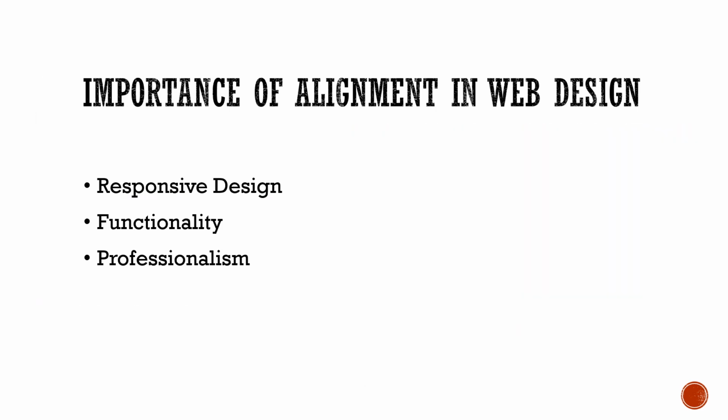Now, the right alignment in your web design can be crucial for several different reasons. One is that the alignment of the elements within your website can be part of a responsive design. This is because when the website is loaded from a device with a smaller screen size, such as a smartphone or a tablet, the layout and the structure will change to something that maybe you've pre-planned.